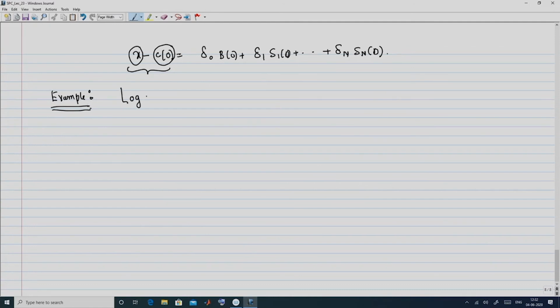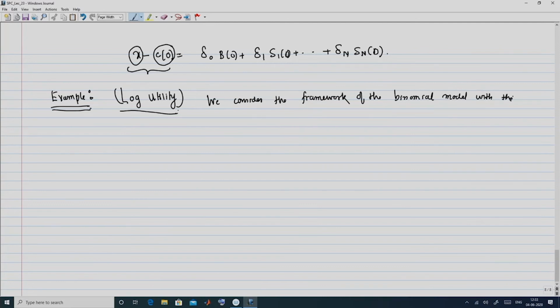So, now let us come to an example to illustrate how this maximization of expected utility is accomplished, and for this purpose we again make use of the log utility. For this, we consider the framework of the binomial model, but we still have the single period setup. So we have again time t equal to 0 and time t equal to 1.